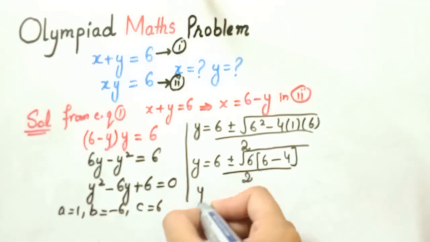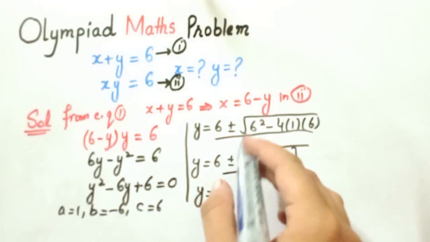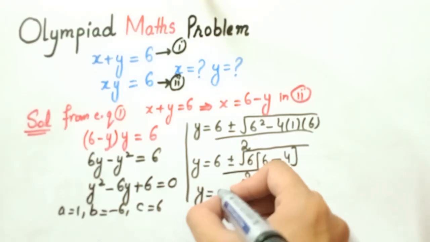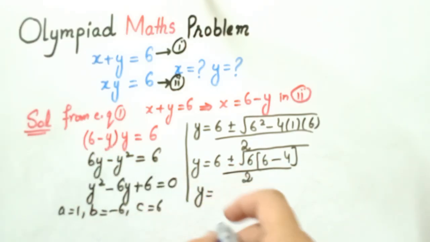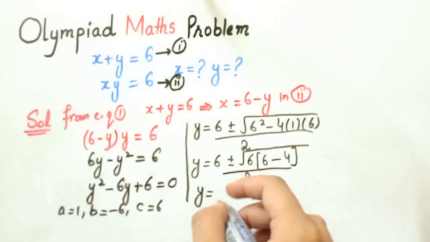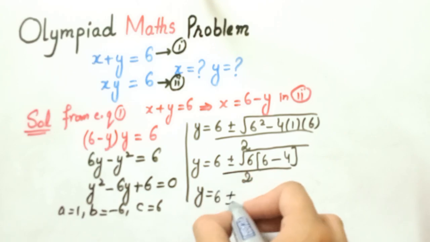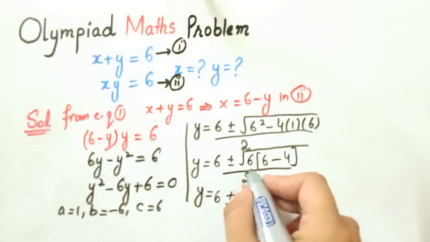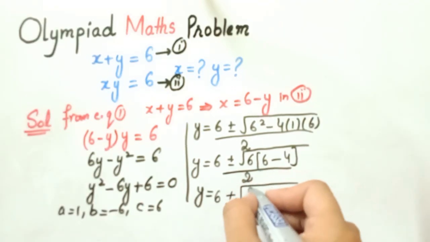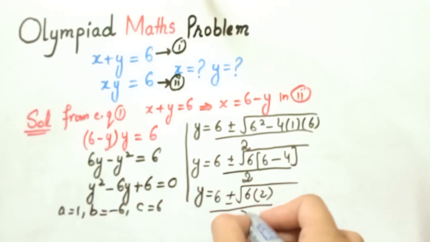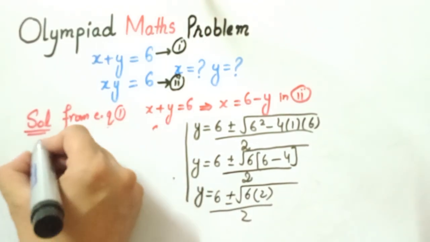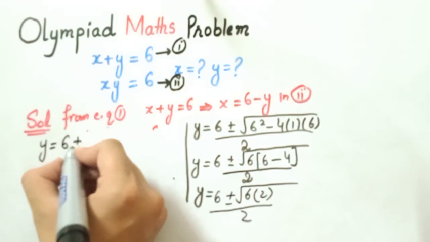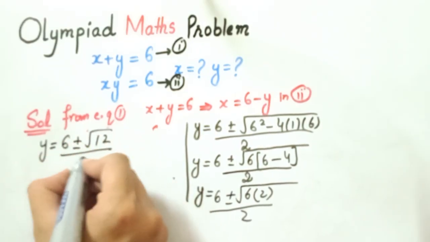So 36 minus 24 is 12. So y equals 6 plus minus root 12 divided by 2.